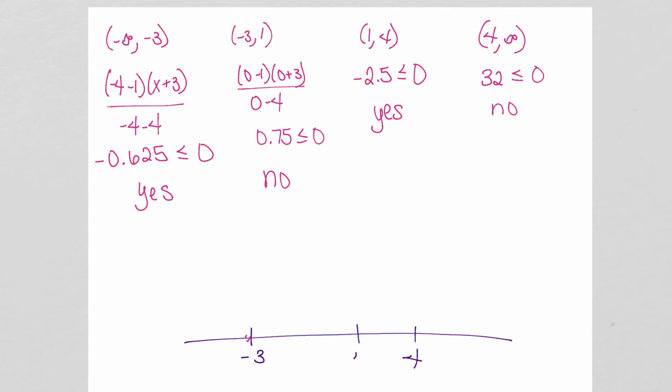So we know that less than 3 is good, and we know between 1 and 4 is good. We know that we cannot be equal to 4, so we have to have an open dot or parenthesis there.